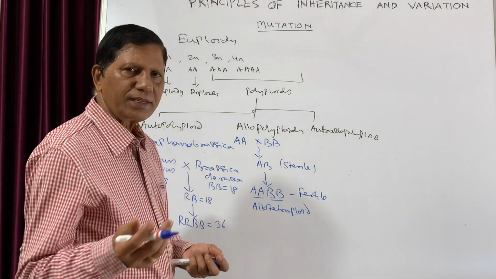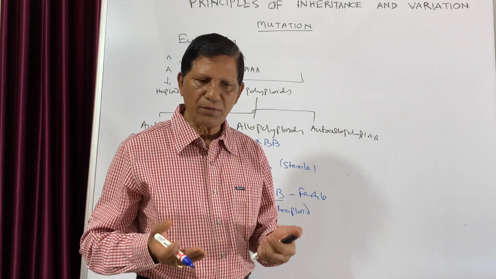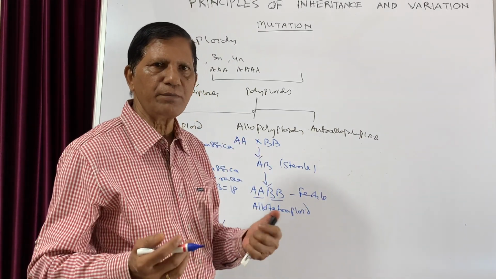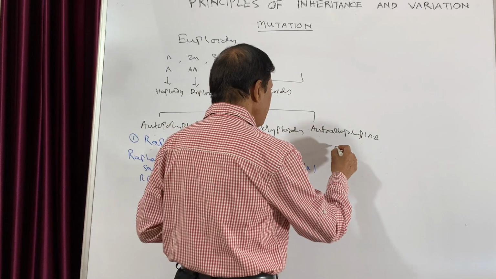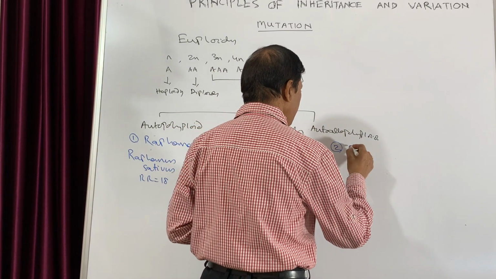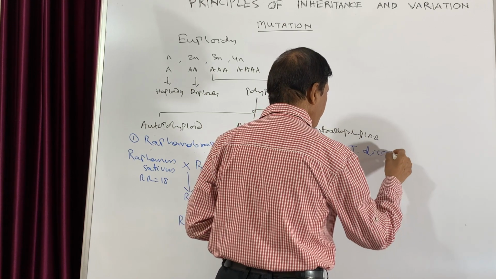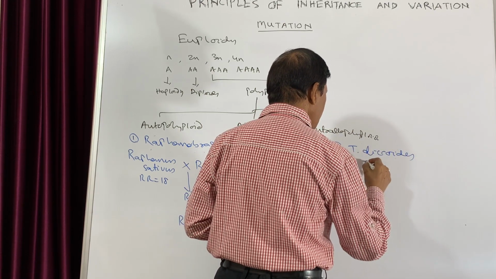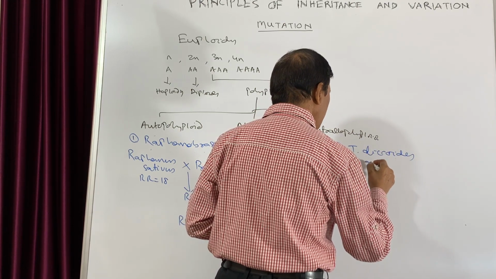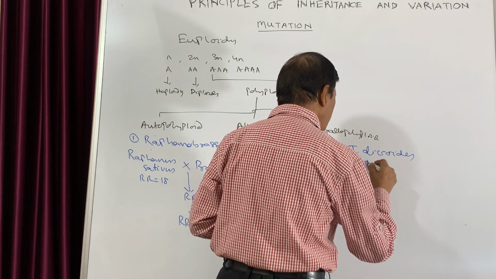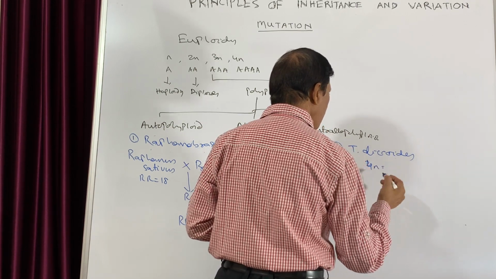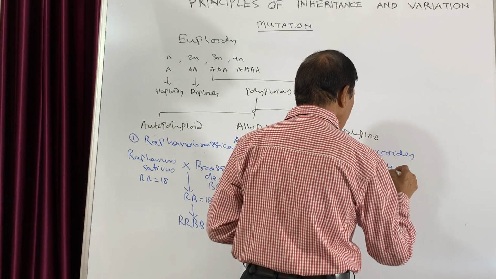Similarly, we can take the second case, that is our cultivated wheat, Triticum aestivum. So Triticum aestivum was obtained by the same method. Triticum dicoccoides usually has 4n, and 4n is equal to 28.